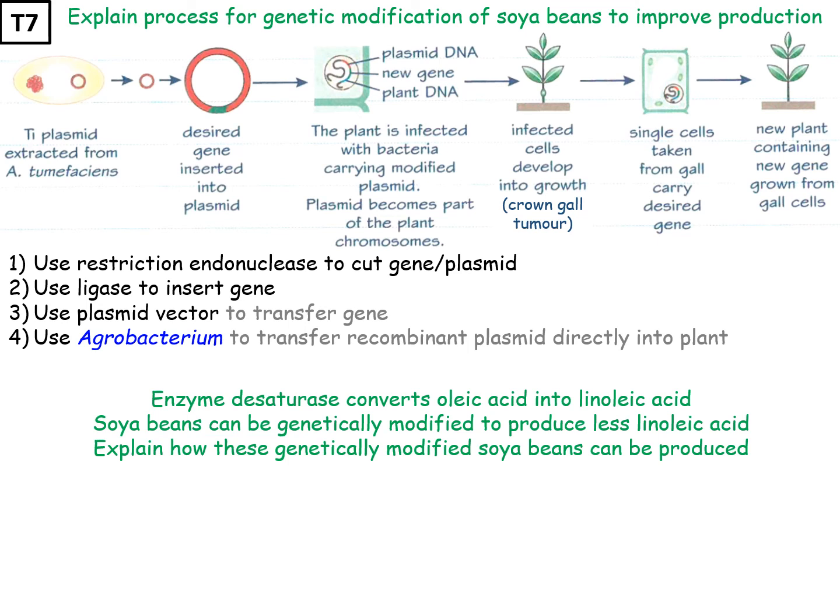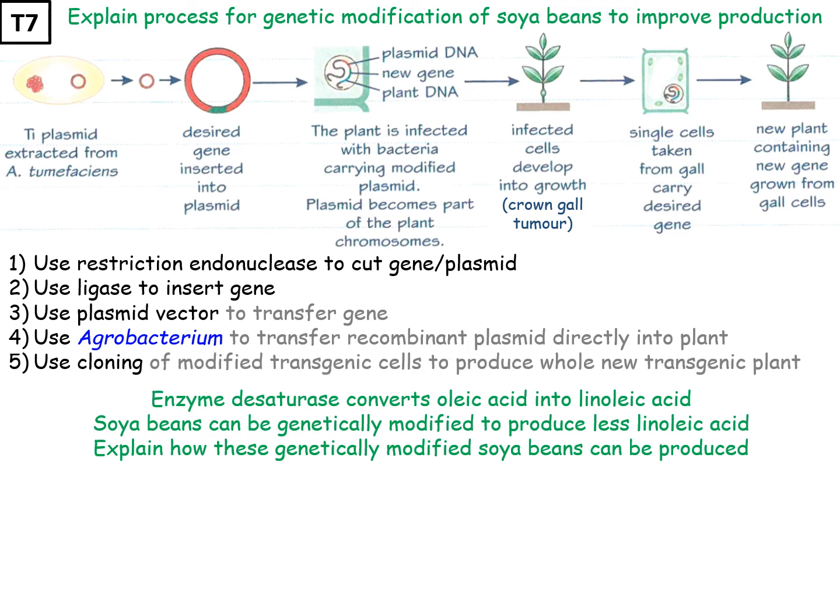And in this case, the bacteria you use is Agrobacterium, and then that could transfer the recombinant plasmid directly into the plant. And when it does that, the infected cells develop into a growth tumor, which is a crown gall tumor, and we would then use cloning of modified transgenic cells to produce a whole new transgenic plant.